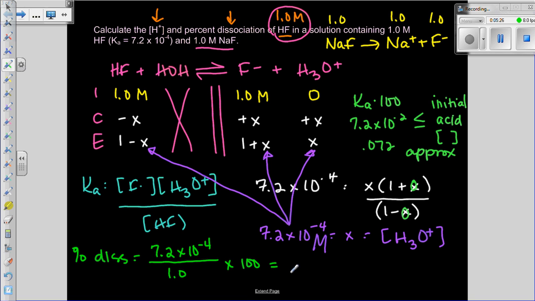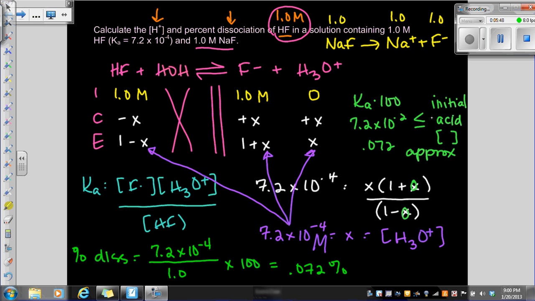So our percent dissociation is 0.072%. Now, I think I did my math wrong. Nope, that's right.